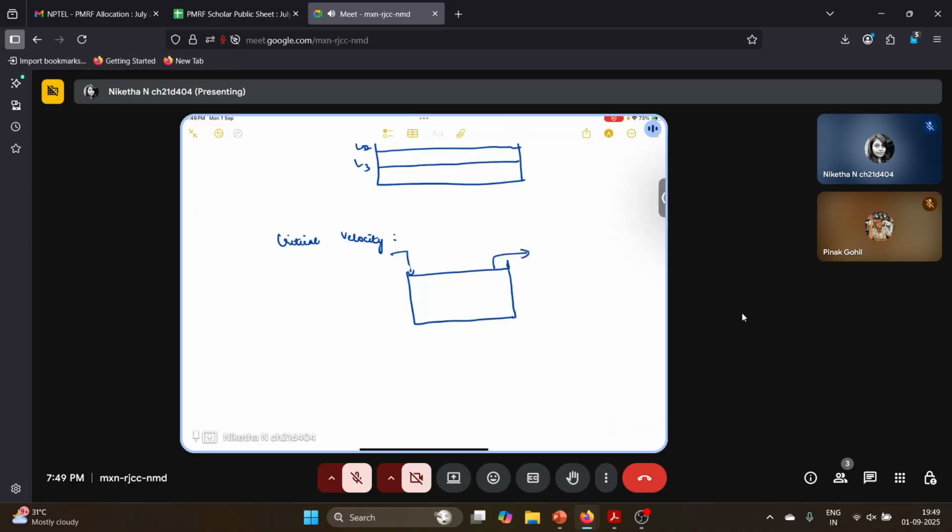The outlet opening is here. So what happens is there is constant inflow and outflow.